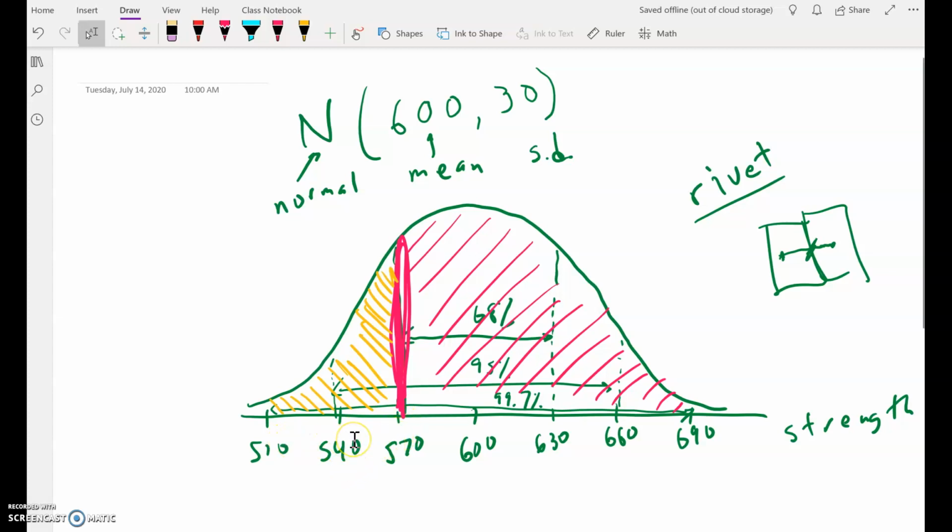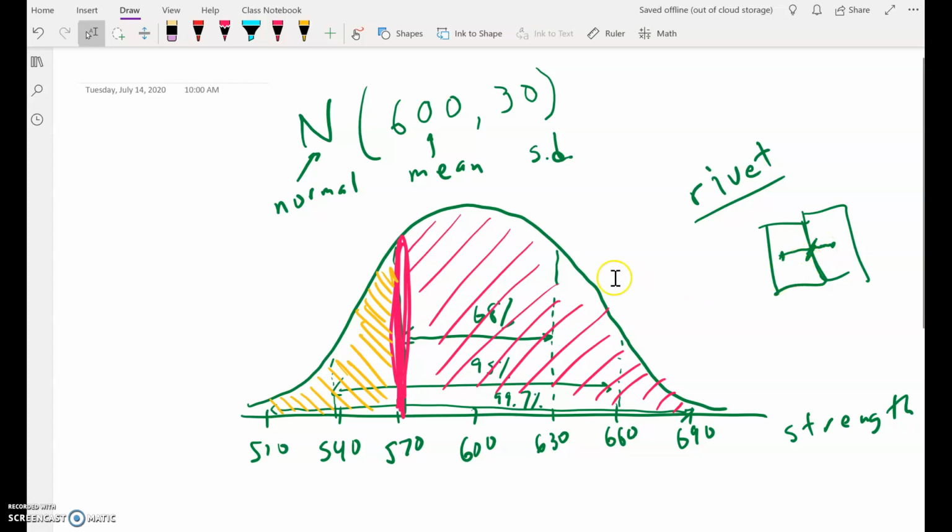And so if you are unlucky enough to get one of these rivets down here that maybe has a strength of like 550 pounds, let's say, and you are using them for an airplane, and the airplane gets in some situation where it adds on 570 pounds, the rivet's going to fail.